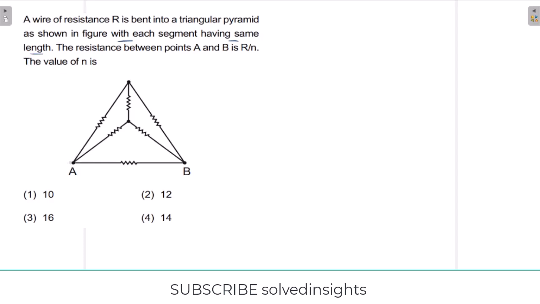Now the total resistance of these wires is R. Each has the same length, so each wire has the same resistance, let's say R1.